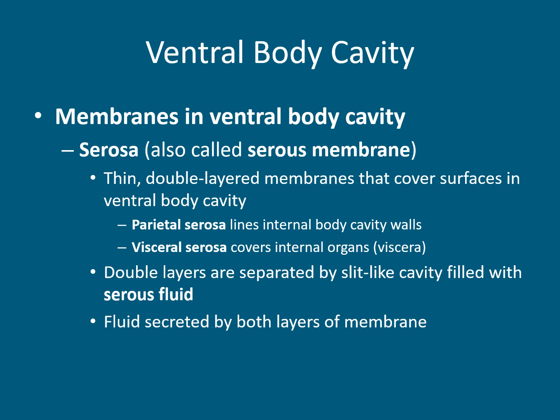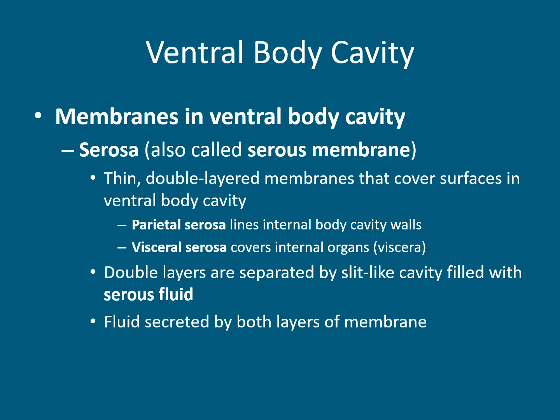The ventral body cavity membranes are called the serosa, or the serous membrane. It's a very thin, double-layer membrane that surrounds the ventral body cavity. The parietal serosa lines the internal body cavity walls, whereas the visceral serosa covers the internal organs, which once again are referred to as your viscera.